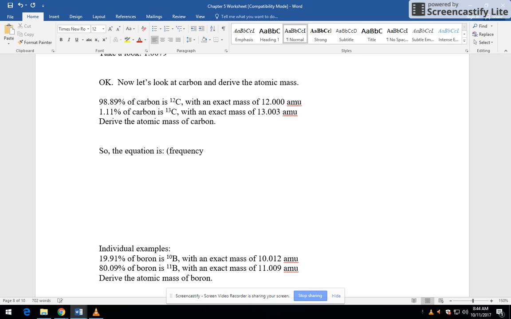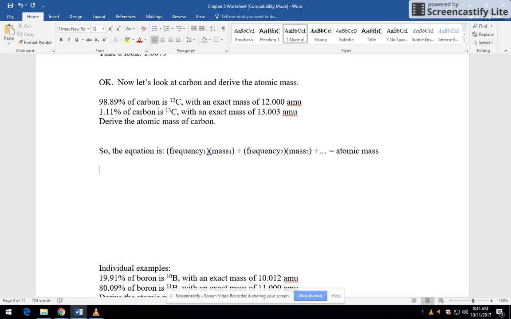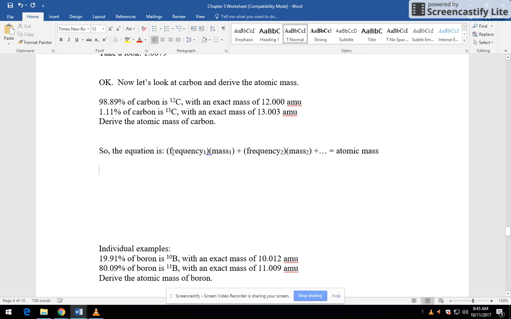Frequency of the first isotope times the mass of the first isotope plus frequency of the second isotope times the mass of the second isotope, forever, as many as there are, and that equals the atomic mass. So let's apply that to this example. I'll do this one with you, and then you're going to be on your own in just a moment.